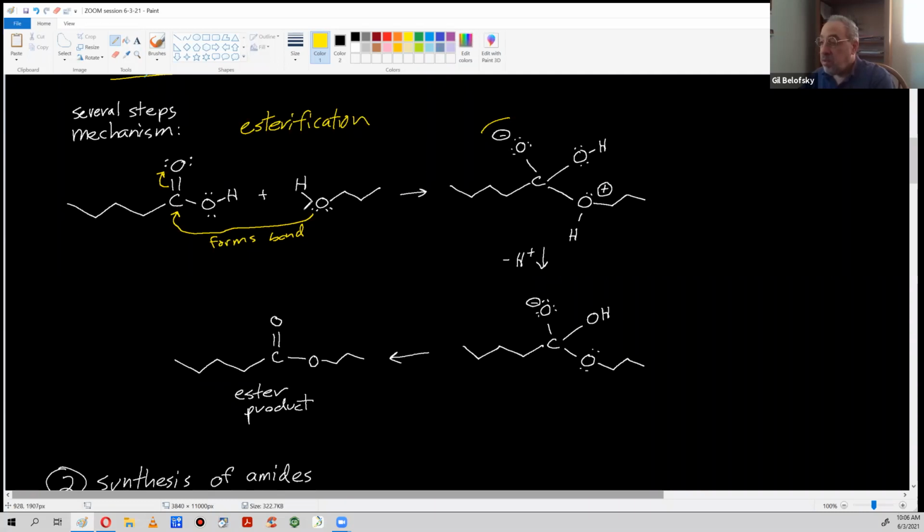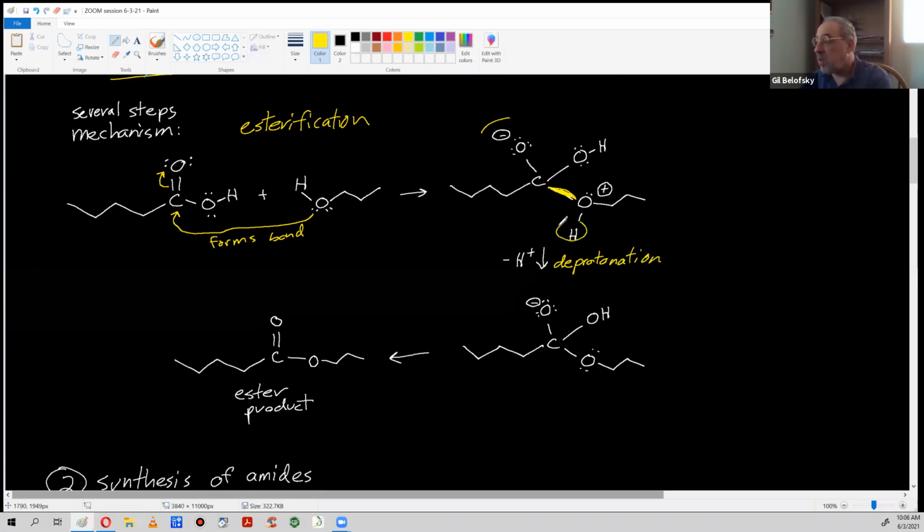So this set of arrows results in this new bond right here, and the breaking of one of those double bonds to oxygen, leaving a negative charge there. The OH group is still hanging on here. There's just a brief intermediate step of deprotonation, and we've seen a lot of those, just hydrogens popping on or off.